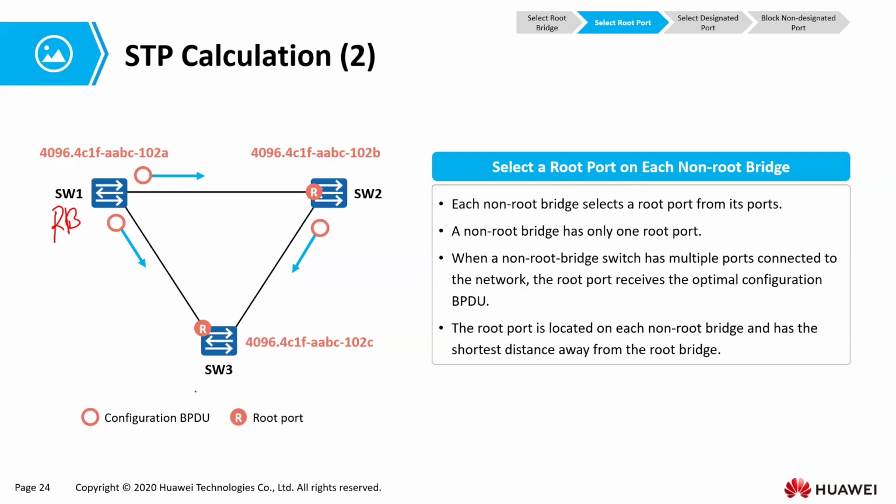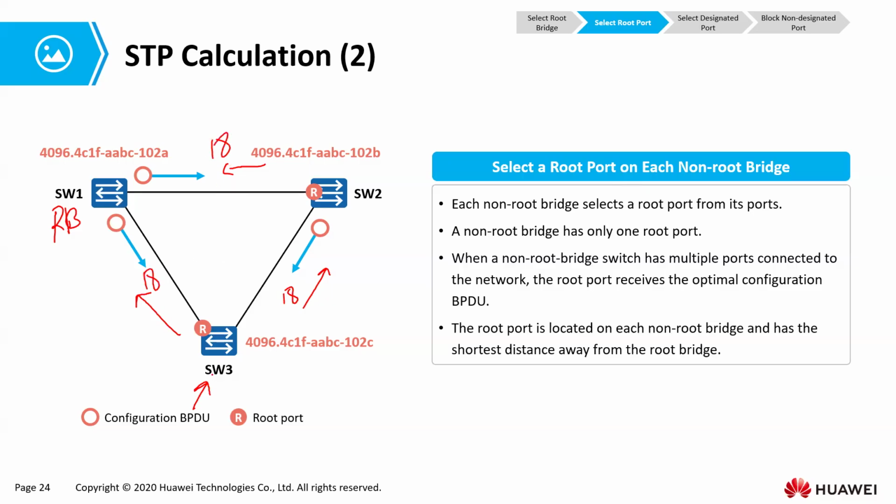So if I take a look at this one, switch 3, we go up, the shortest path here in terms of cost. So let's say my cost is the default. Let's say my links here are 100 megabytes per second. It means the cost here, you get 18. Cost here, you get 18.